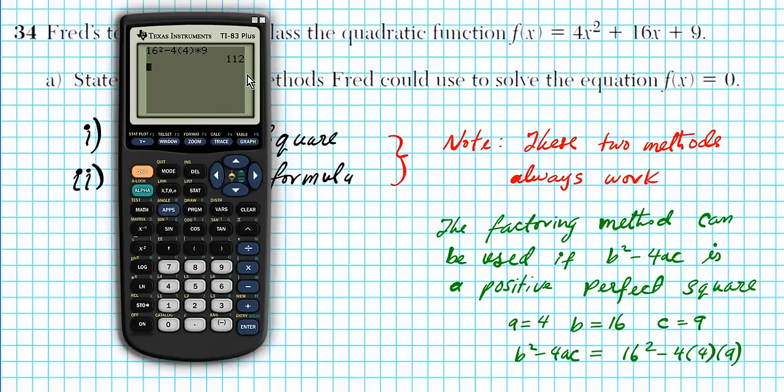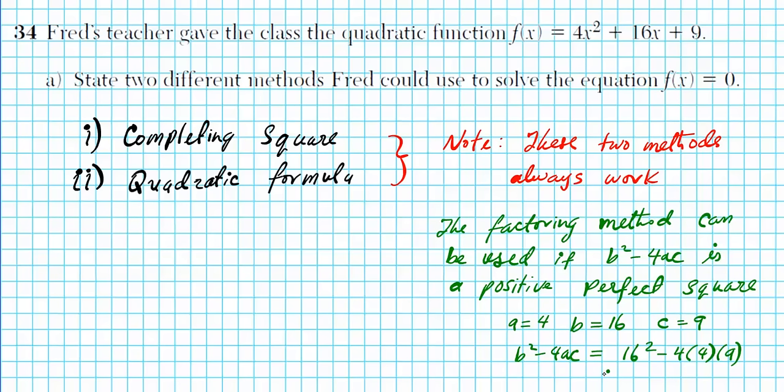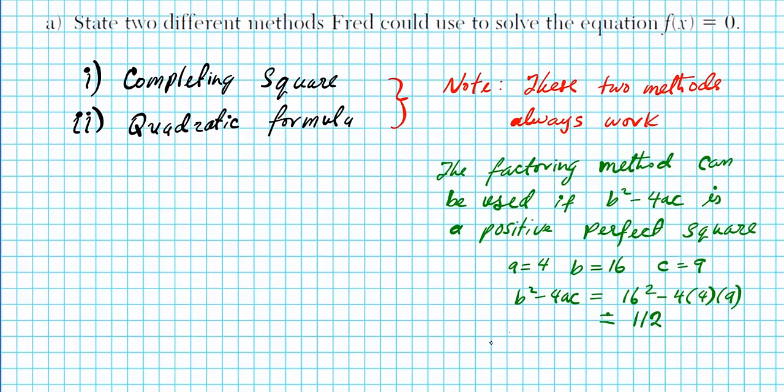Now, is 112 a perfect square? Easy way to check is just try and take the square root of 112. Let's see if we get an integer. We do not get an integer, so that's not a perfect square. So the discriminant here is 112, which is not a perfect square. It's positive, but it's not a perfect square.